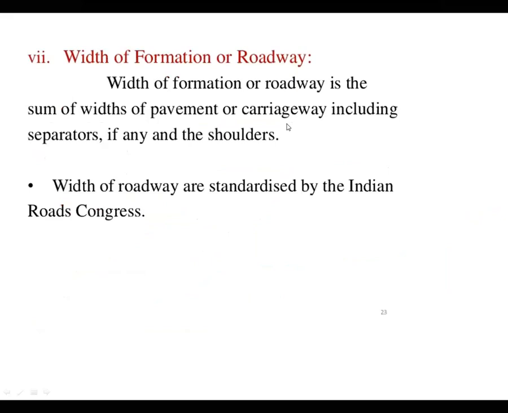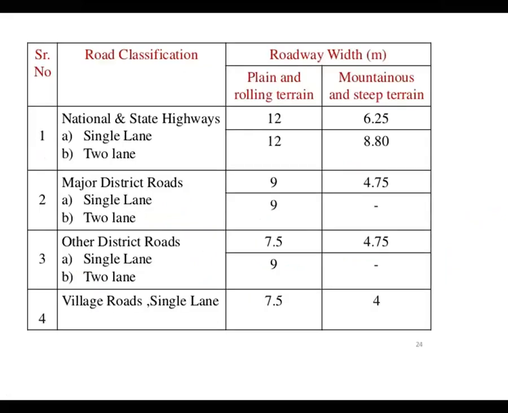Adding all the widths is known as formation width or roadway width. Width of formation or roadway is the sum of the width of pavement or carriageway, including a separator if any, and shoulders and all the margins. Widths of a roadway are standardized by the Indian Roads Congress.